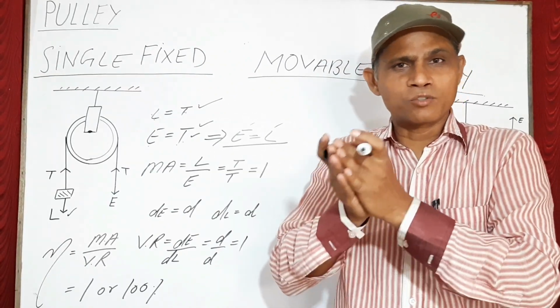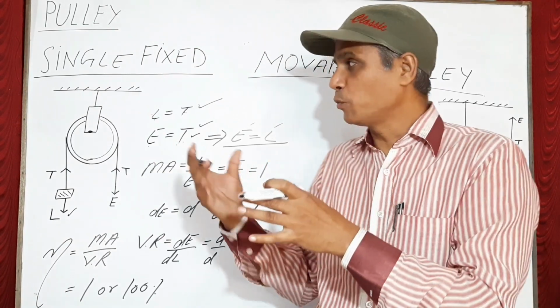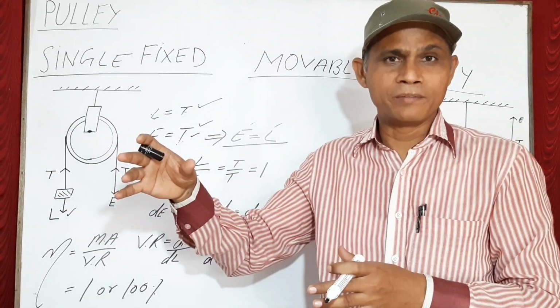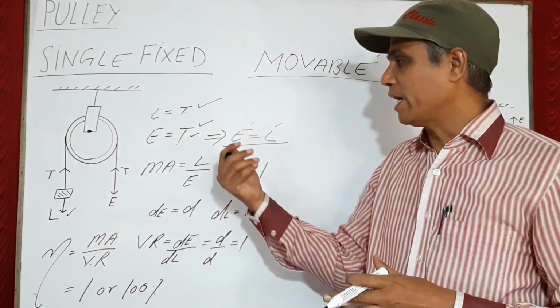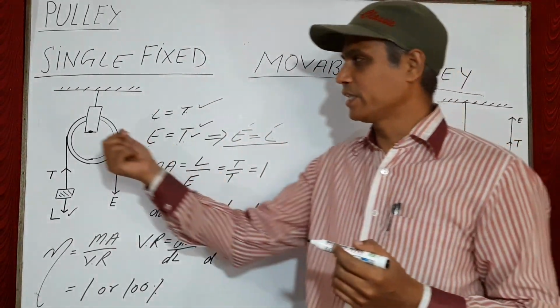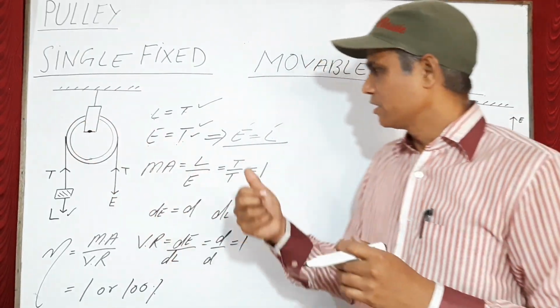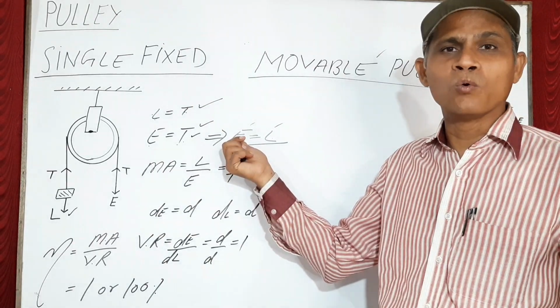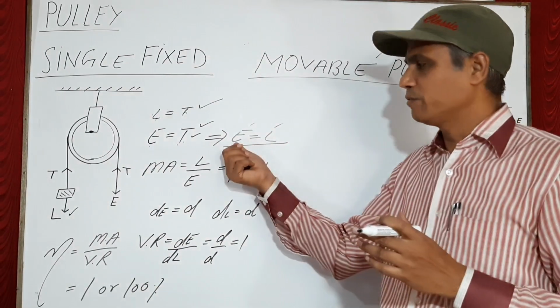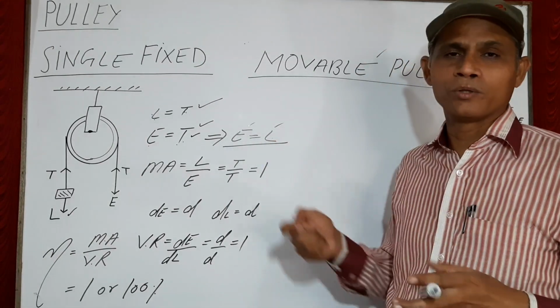The effort will also be 10 newtons. But this is the case when the pulley is an ideal pulley. Otherwise you will have to apply more force. There is a friction in the axle also. Due to this friction, the effort required will be more. So in actual, effort will be more, but in ideal condition, effort is always equal to load.